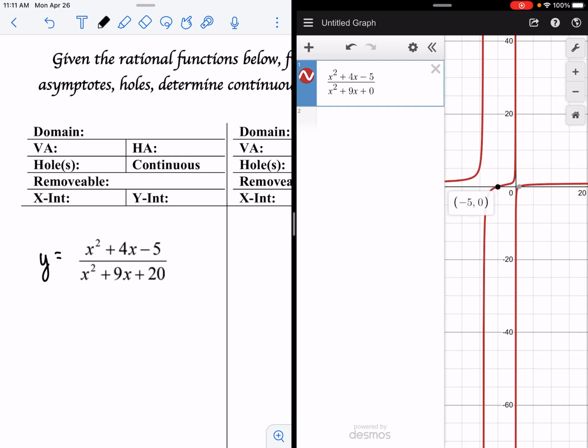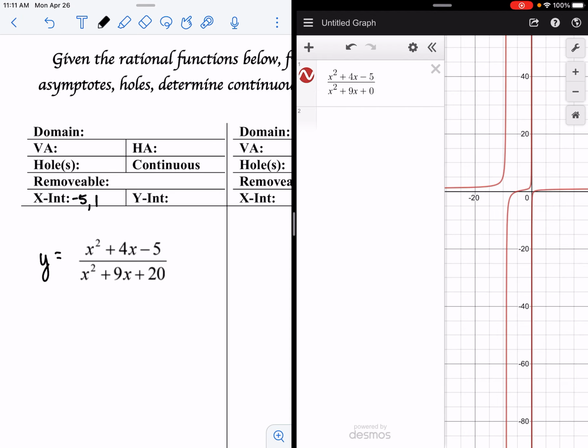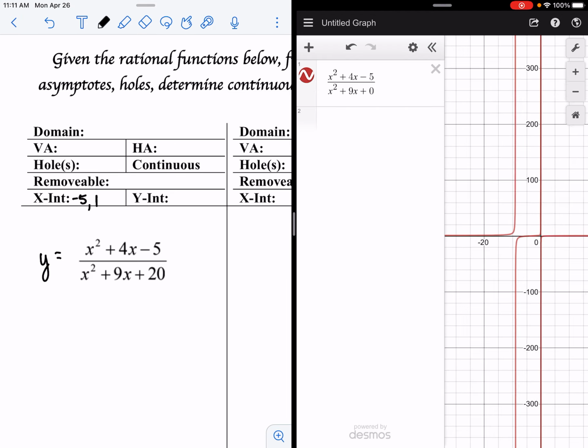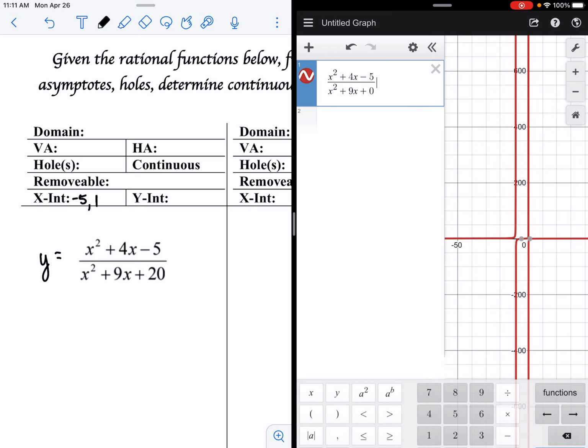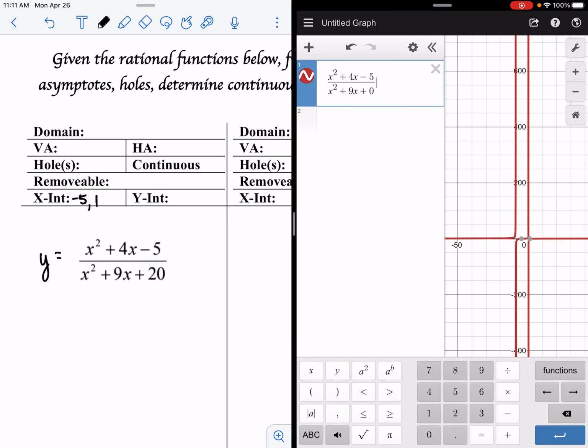So -5, -1, and if I come and zoom out, I only see it at 2 places.